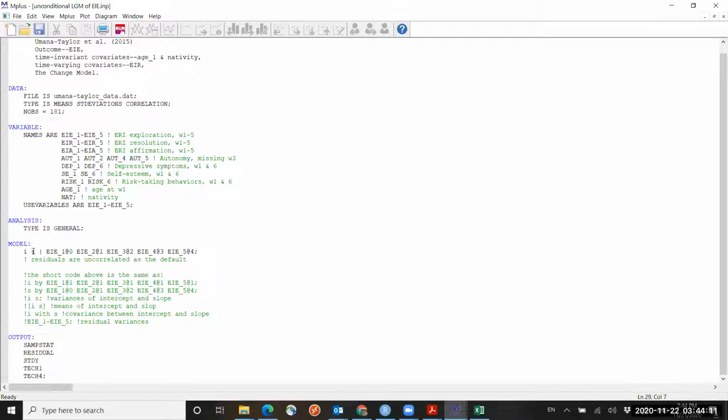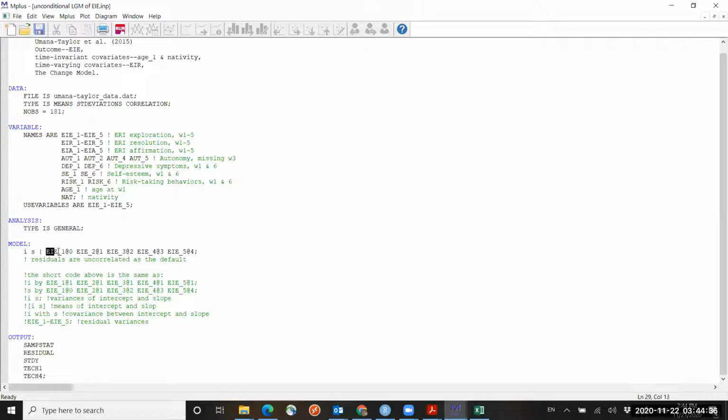And then I call the slope S. The shortcut for latent growth models is this vertical bar here, which you can find on the keyboard above the enter key. It's the same as BY in a CFA, except that this can take care of 2 latent factors at once.